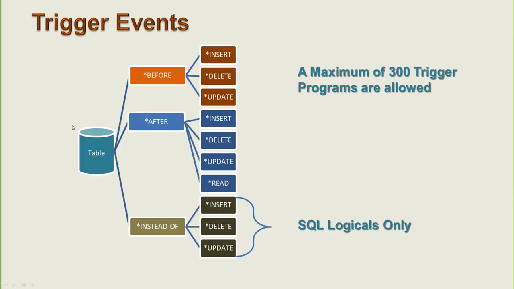I want to talk about what events can be triggered. And this is a table that illustrates the events that can be triggered. There are three categories or classes of triggered events.